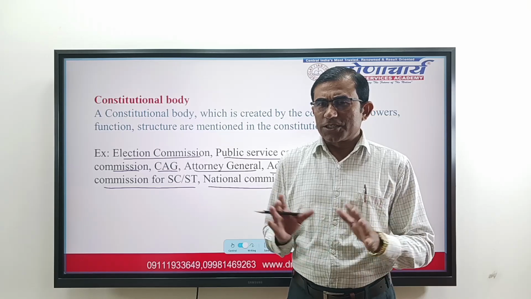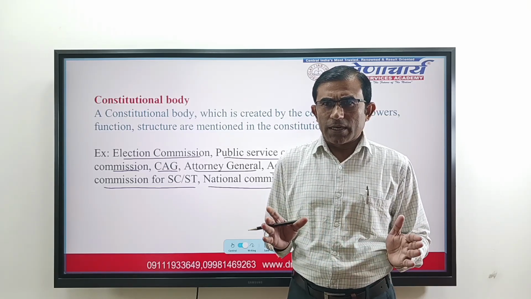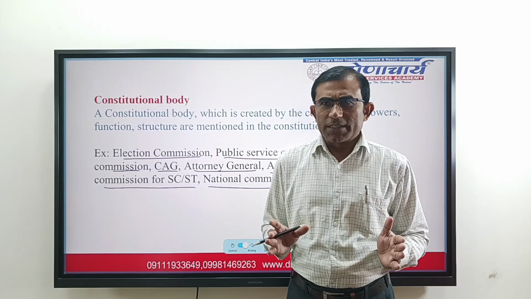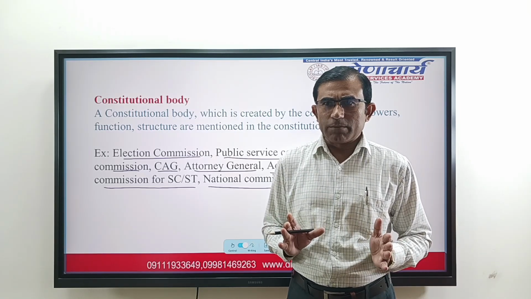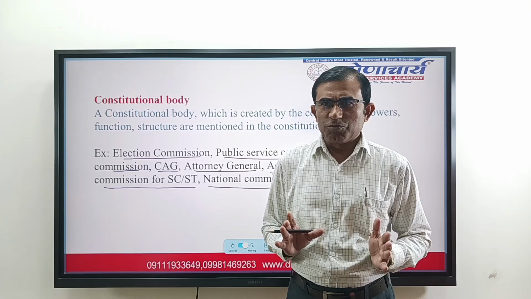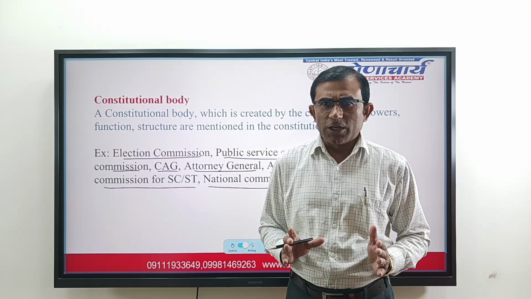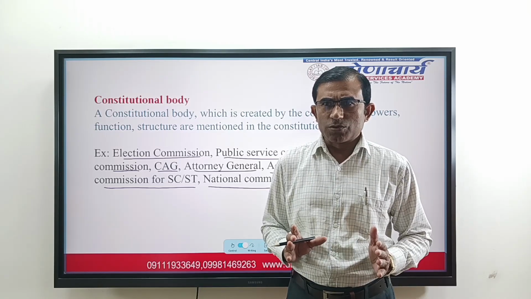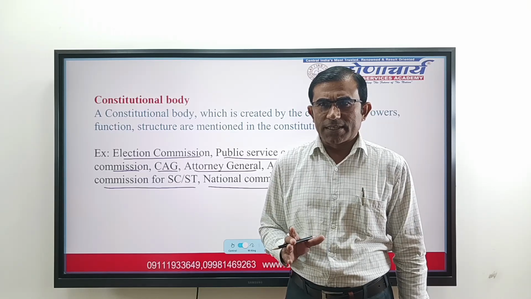Challenges faced by constitutional bodies. The constitutional foundation of these bodies ensures stable governance, as they cannot be easily dissolved or manipulated by the government of the day. This independence prevents undue political interference in crucial areas such as elections, auditing, and civil service appointments.